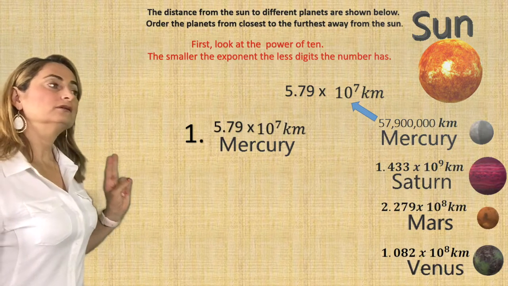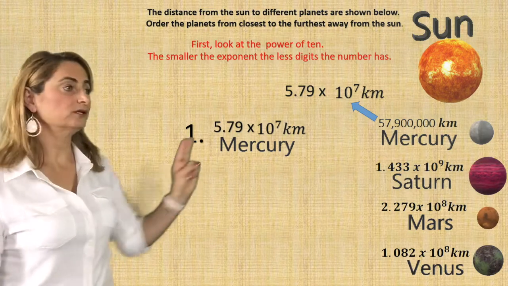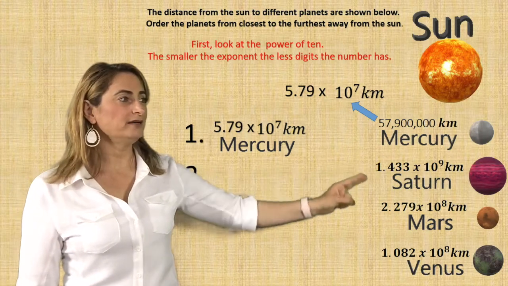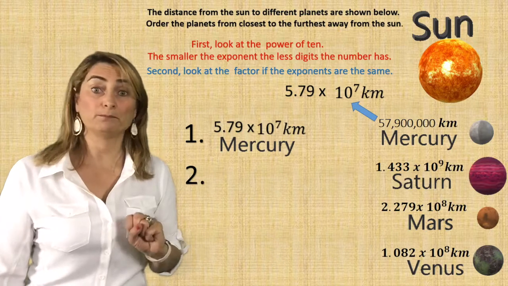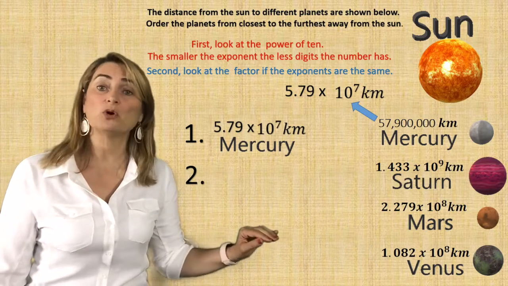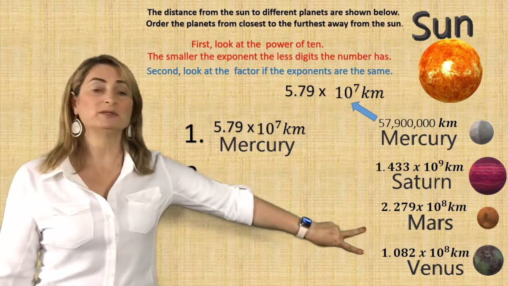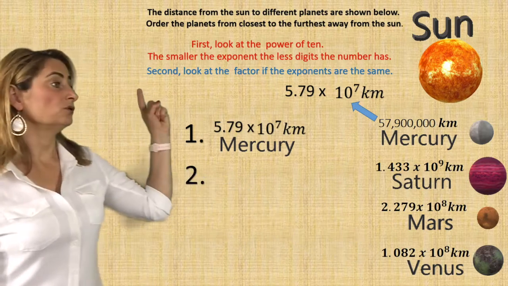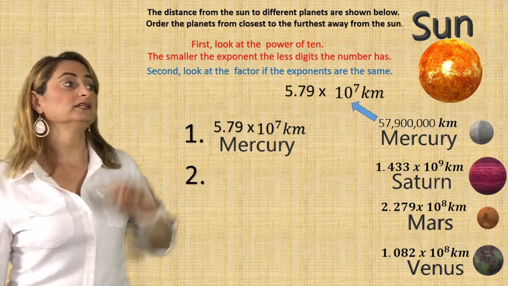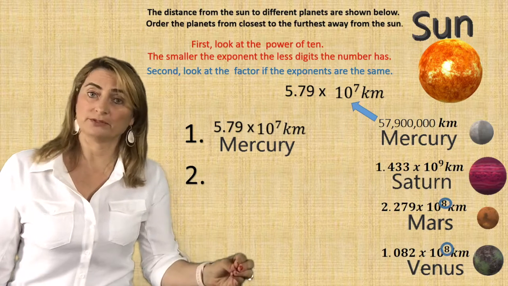Now, the second planet, what do I do? Because you have power of 9, power of 8, power of 8. I know power of 9 is going to be the furthest away because it has the most digits, which means the biggest number. So now I need to choose between those two, which is Mars and Venus. So second thing, look at the factor if the exponents are the same and look for the smallest number.